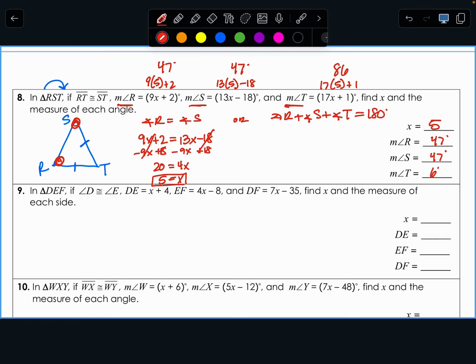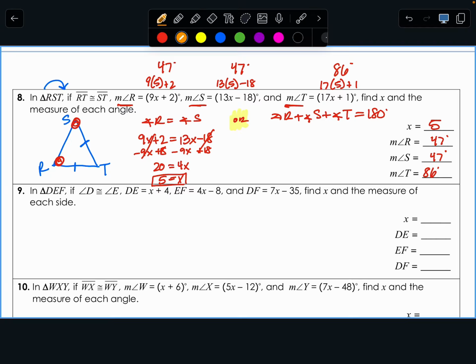Stop me when I make math mistakes too. 86. Now, I could have done the same thing here. When I solved this, I still would have gotten x was 5. And then I would have just substituted back into the 3 expressions. So it doesn't matter which one you do. It just matters which one you know to be correct.